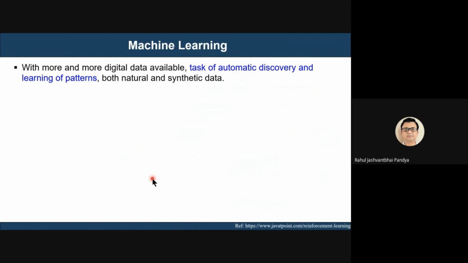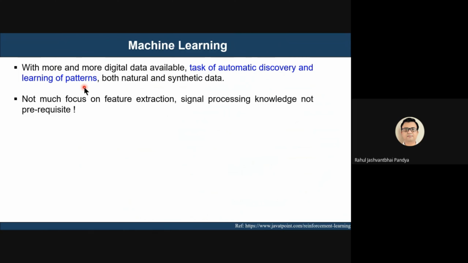There are a few more categories of AI, which we may touch upon if time permits. With machine learning, as we have more and more data available these days because information is easily available, the task of automatic discovery and learning of patterns is important, and generally this is handled by machine learning.